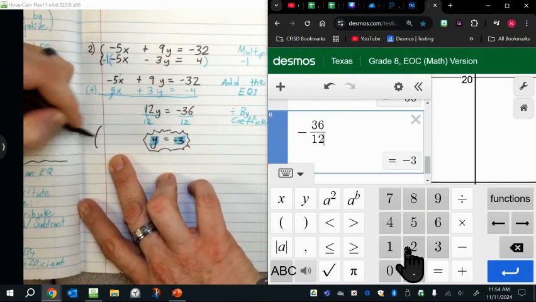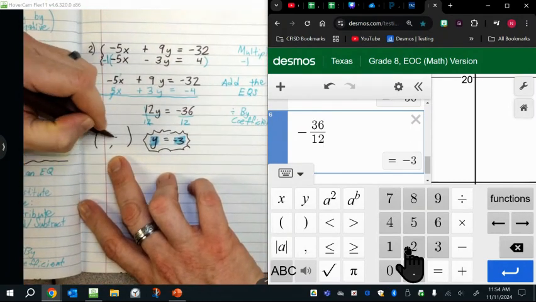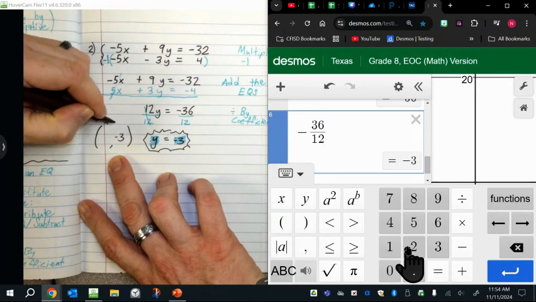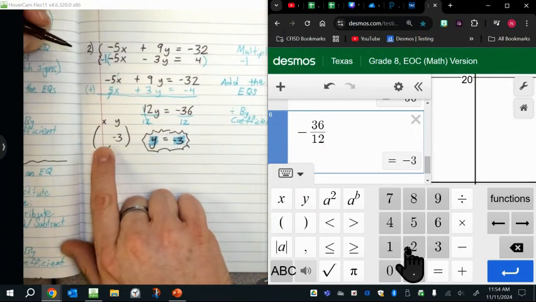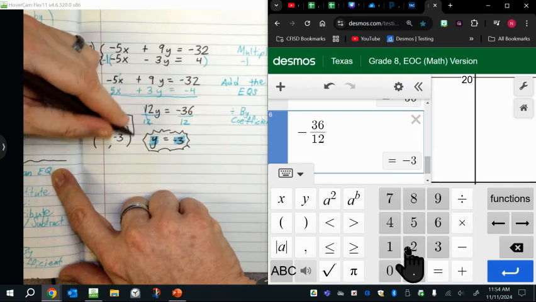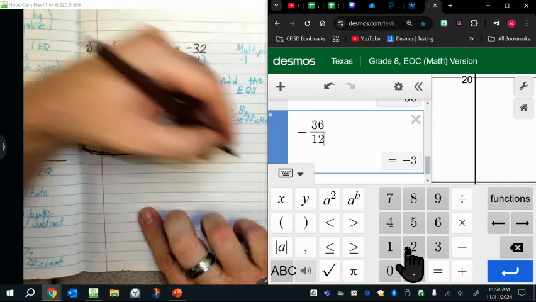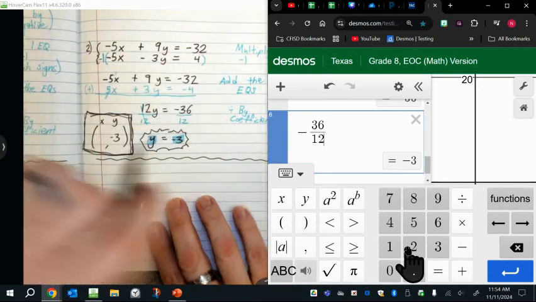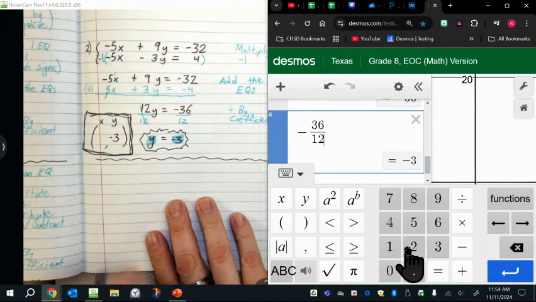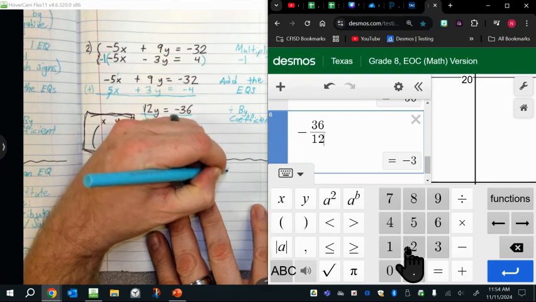So again, we're still trying to find where they intersect. We know that our x value is what we're trying to solve for, and we know our y value is -3 because we just found that. So I'm going to go back and pick an equation. You can pick whichever one you want.